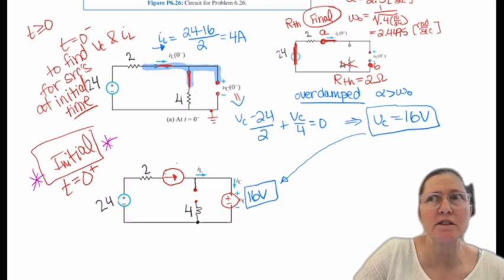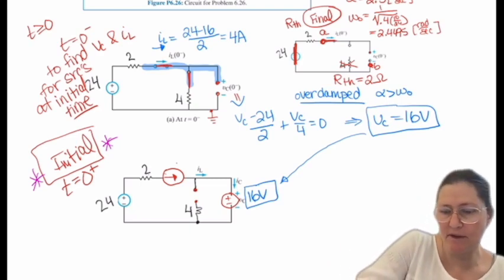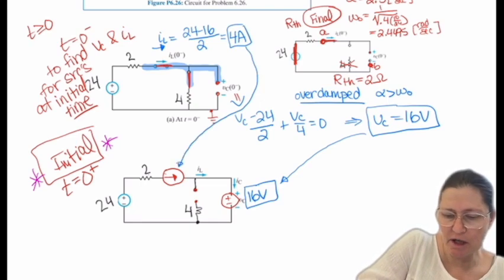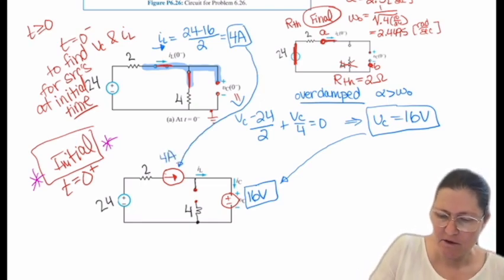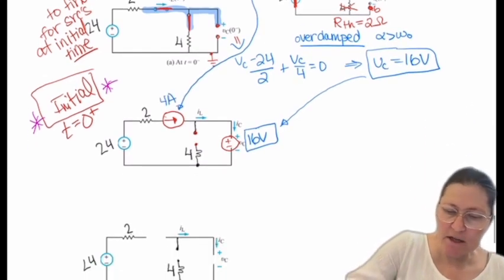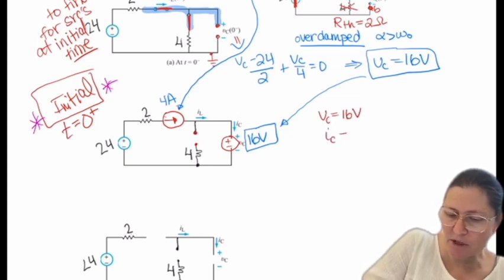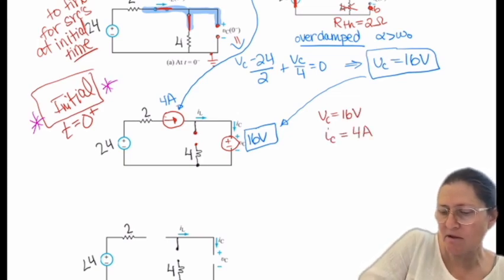So either way to get that, this will be then the initial value for the current. And then the initial values we need are VC, which will be 16 volts, and IC, which will be 4 amps. And these are going to be your initial values.